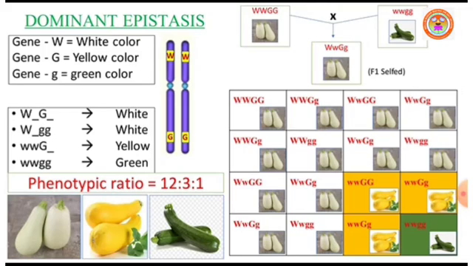You can see the cross, in which you can observe capital W, small g.